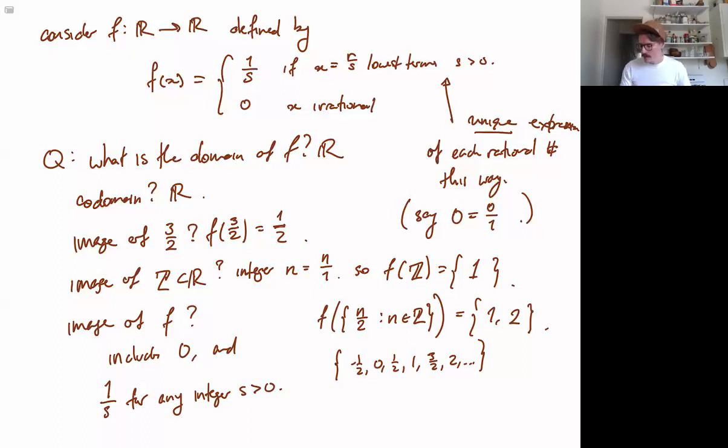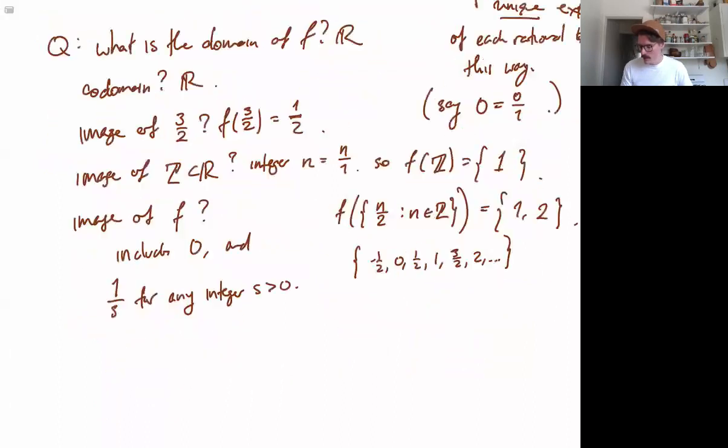And that is everything. So the image, how can we write it? Well, let's just write it one way. It's 0 union 1 over s, s a positive integer.